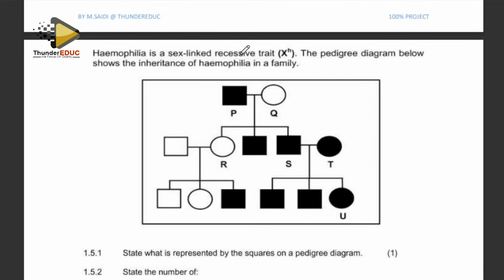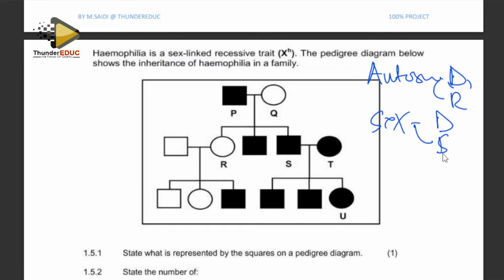Any question concerning a pedigree, obviously there's going to be a pedigree, and then they're asking you. It must either be autosomal dominant, autosomal recessive, sex linked dominant or sex linked recessive.